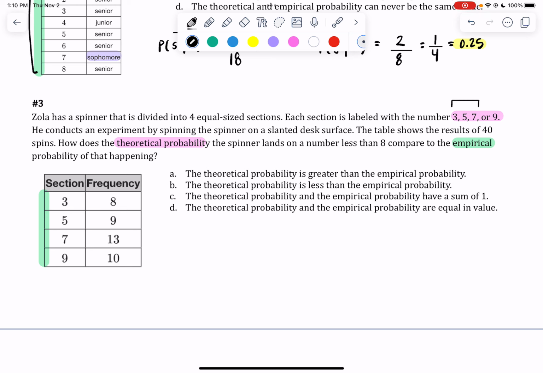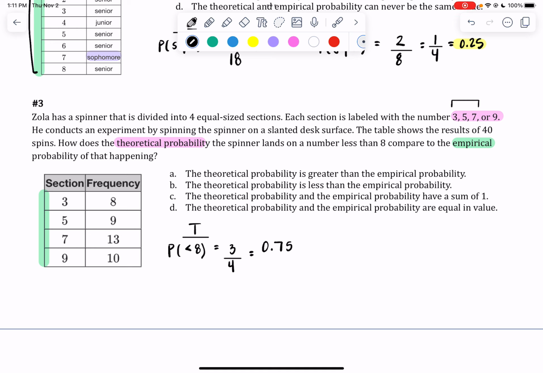So if we were trying to find our theoretical probability, I'm going to say probability of less than 8, there are 3 possible outcomes that are less than 8. So those are favorable outcomes out of 4 total possibilities on the spinner. So that would be 3/4 or 0.75.